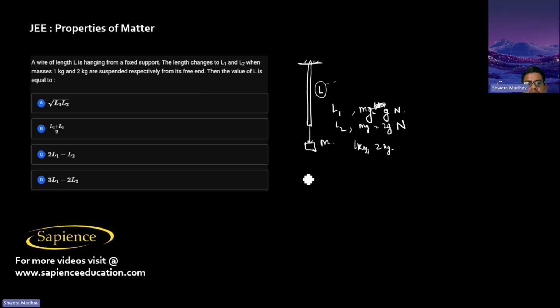So here we can say the force mg is equal to YA by L into delta L. Delta L is the extension in the wire, and Y is the Young's modulus, A is the area of cross section, and L is the length.